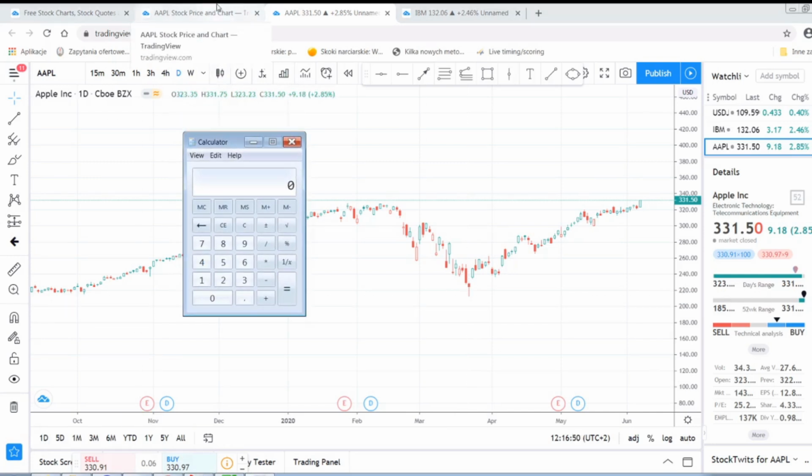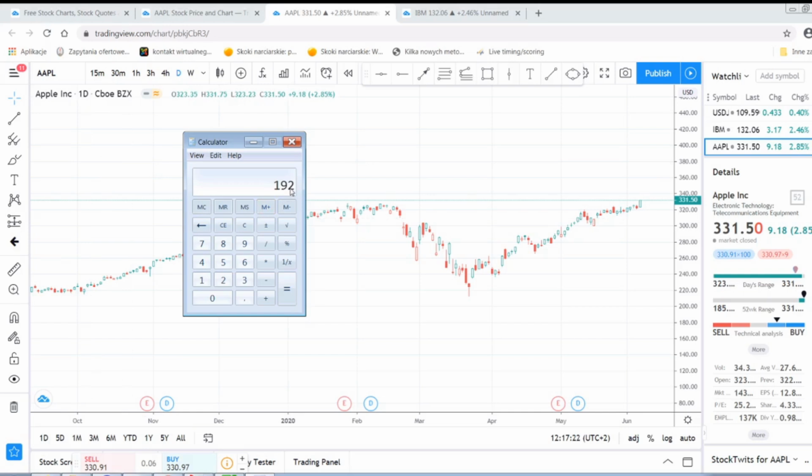212. If we divide 212 by 24, we'll get 8.833, which is not a round number. So we have to take the last full cycle, which should be 8. In this case we take the lower figure, this integer. So we got 8, we multiplied by 24, and we got the result, 192.